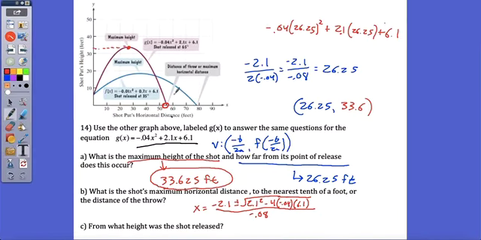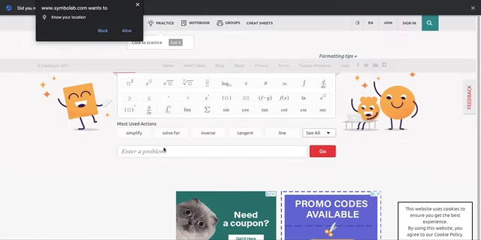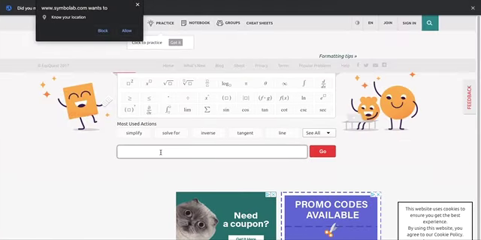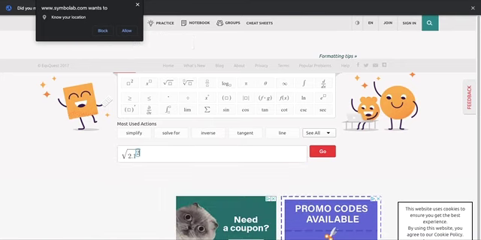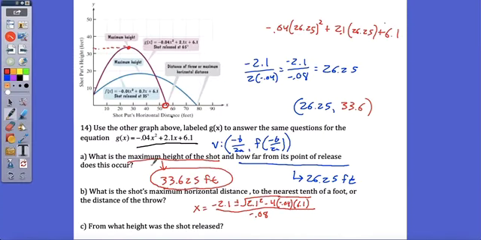Okay, so we've got 2.1 squared. We've got the square root. We just want to calculate this. The square root of 2.1 squared minus 4 times negative 0.04, so it's going to be plus 4 times 0.04 times 6.1.